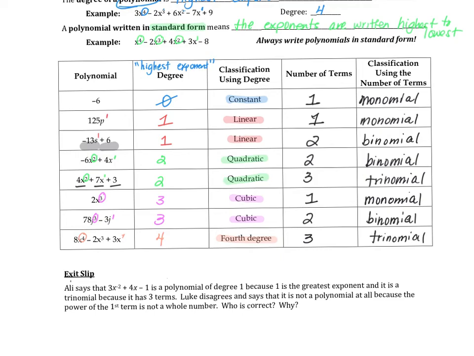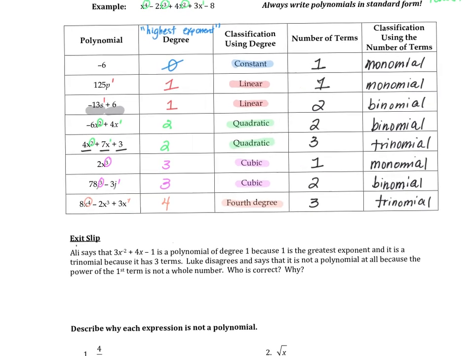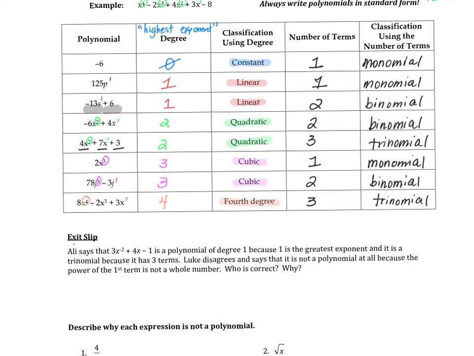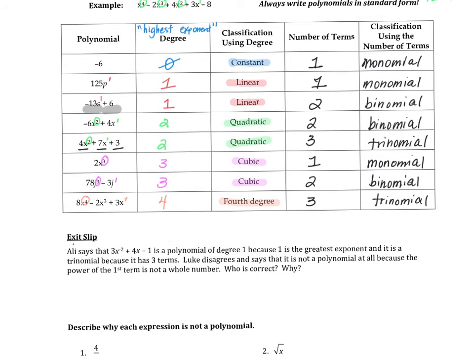What's really cool, let me give you some insight on what we're going to be doing tomorrow. You're going to be given something like 8x cubed minus 6x squared plus 10x minus 100, and I'm going to ask, what is the official name of this one?